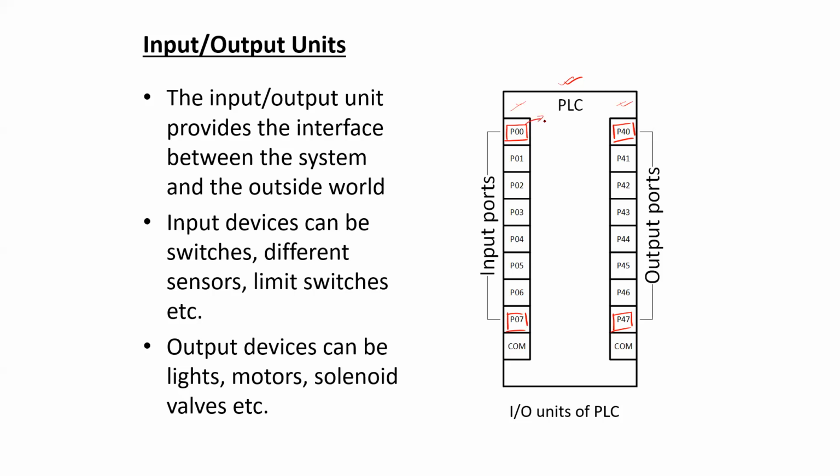How these addresses are annotated is dependent on the manufacturer. Different manufacturers use different annotations to indicate the address associated with a particular port. This sort of addressing is normally used in the PLCs which are manufactured by LG.